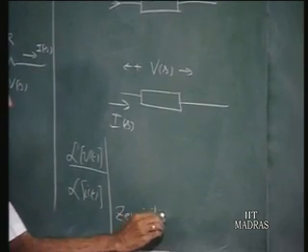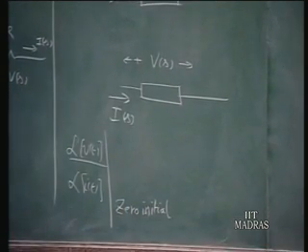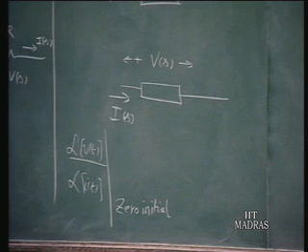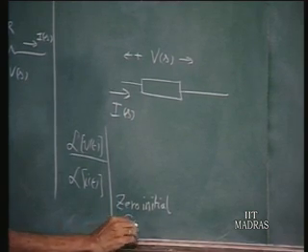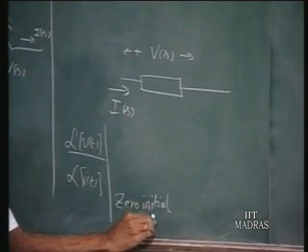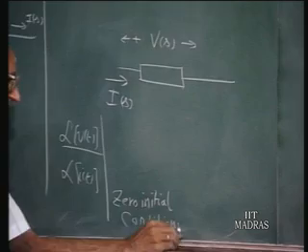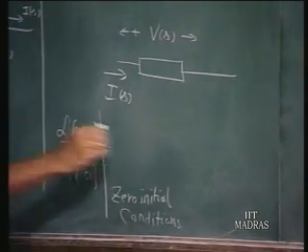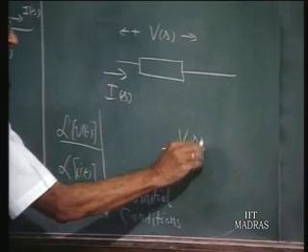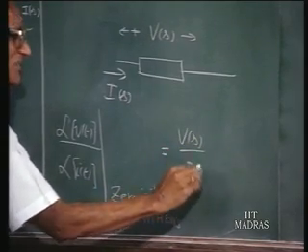That means we are assuming in the case of a capacitor and inductor, there is no initial charge on the capacitor and no initial current in the inductor: 0 initial conditions. So the Laplace transform of the voltage over the Laplace transform of the current, with 0 initial conditions, is V(s) over I(s).